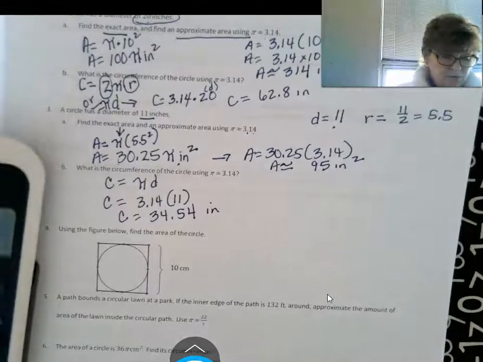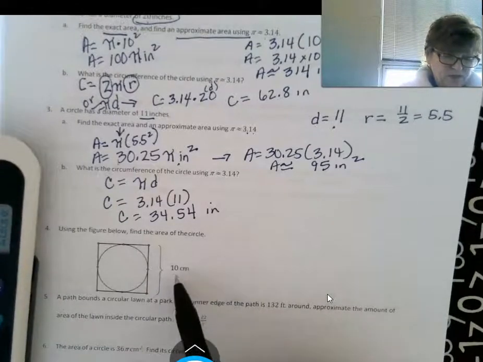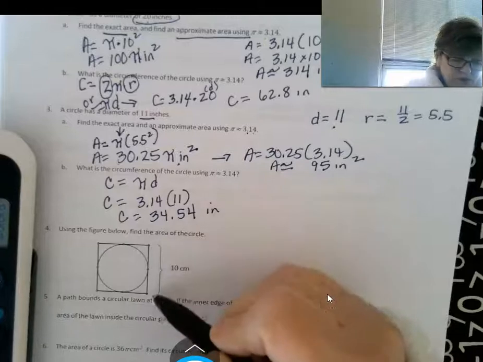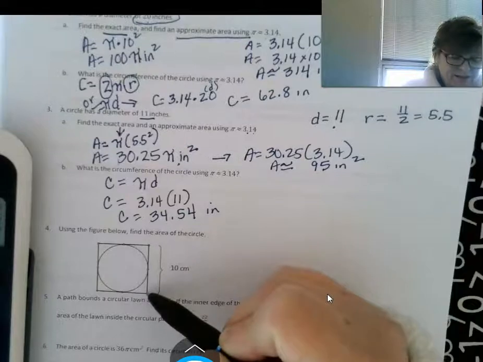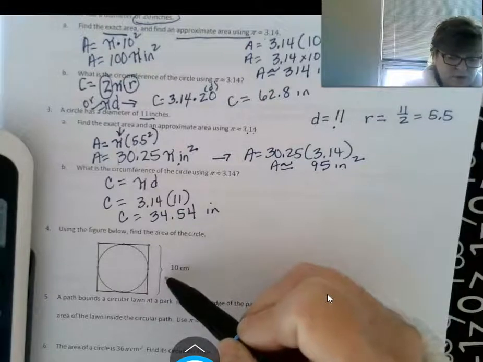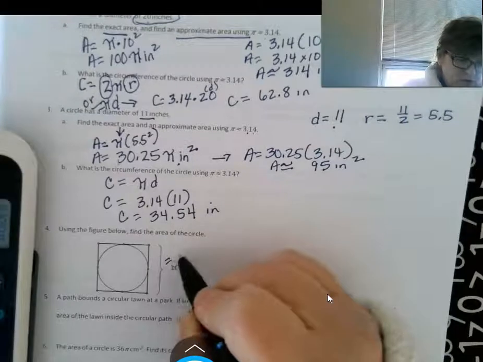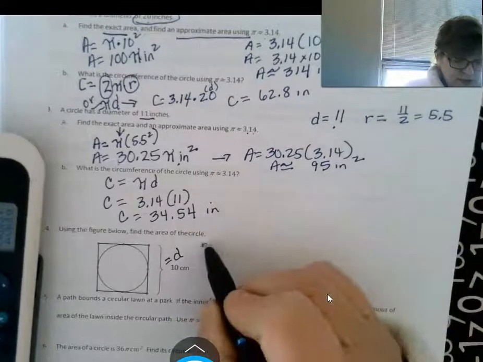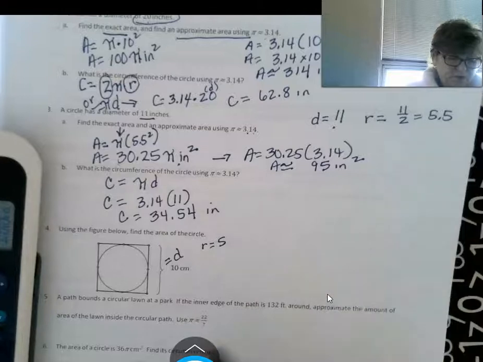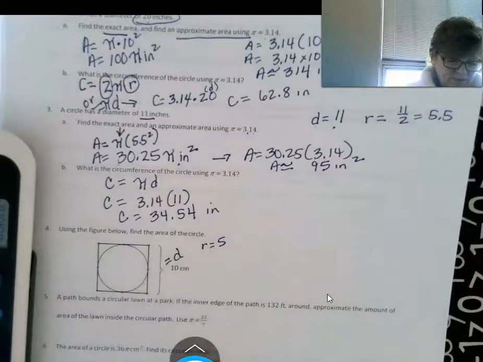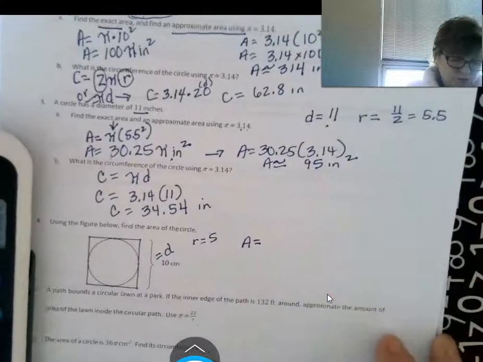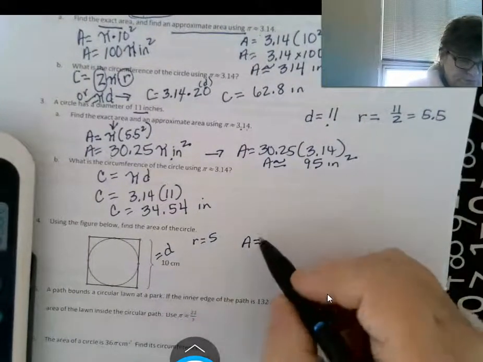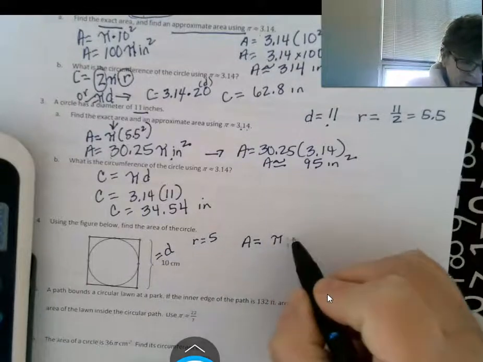Okay, use the figure below. Find the area of the circle. Well, if you notice right here, we've done these before. The length or the height is a total of 10. So that means that is also equal to the diameter. So my radius is equal to 5. So in finding the area, it is pi r squared.